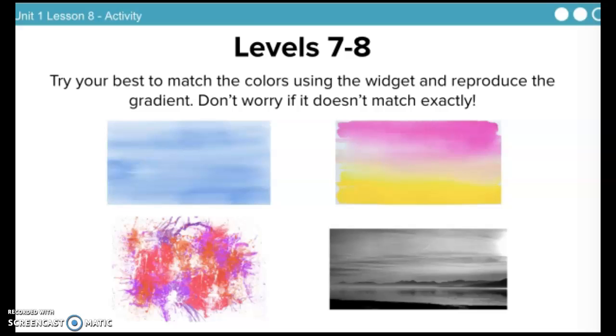Okay, so levels 7 and 8: level 7 contains samples of various color gradients, and you're going to choose a section from one of the images and try to make that sampling. And you're going to attempt to reproduce the sample gradient as best you can in level 8. Obviously, you could spend forever trying to get it exact. You don't have to, but you're going to do your best to get it close.